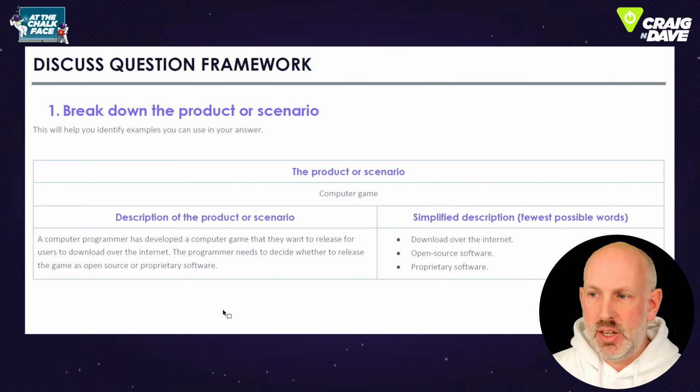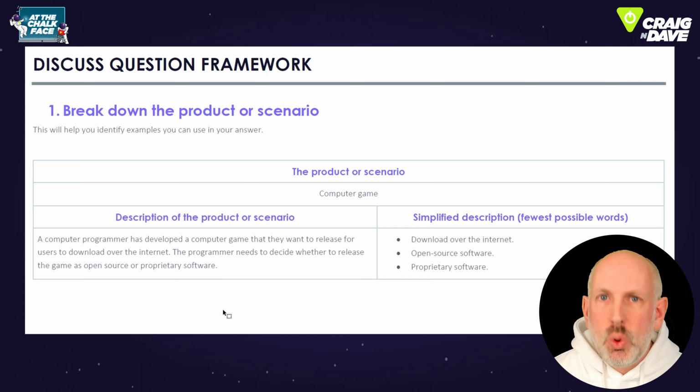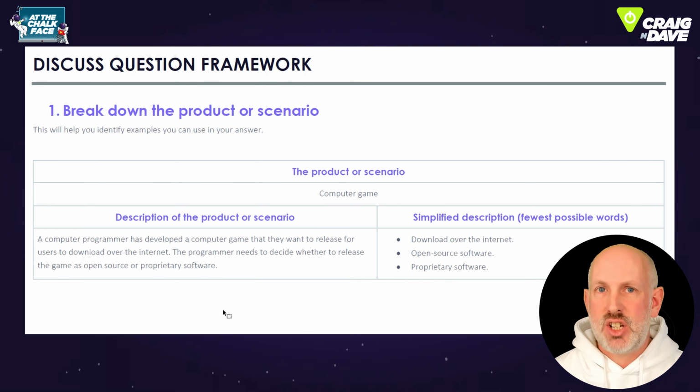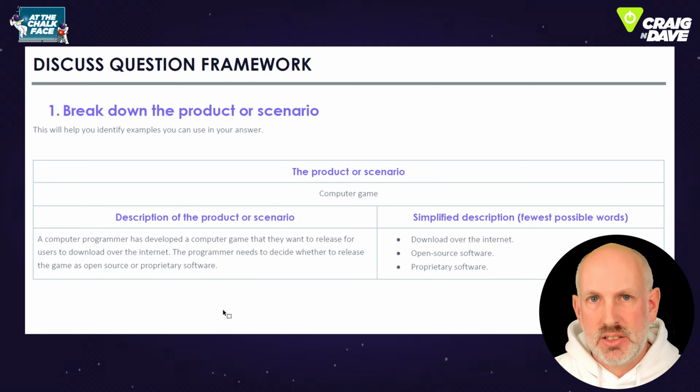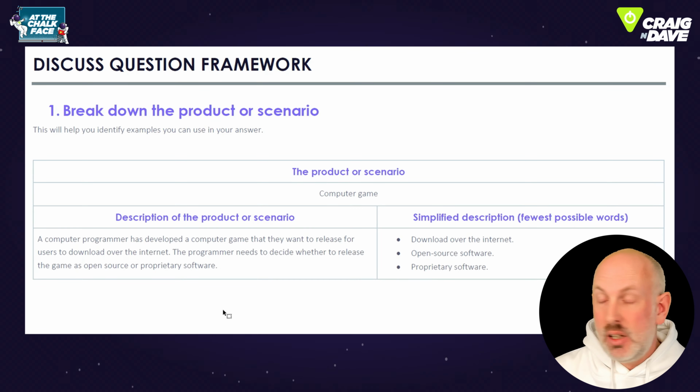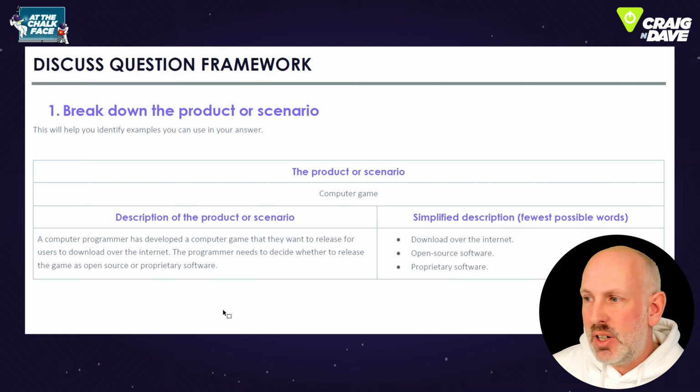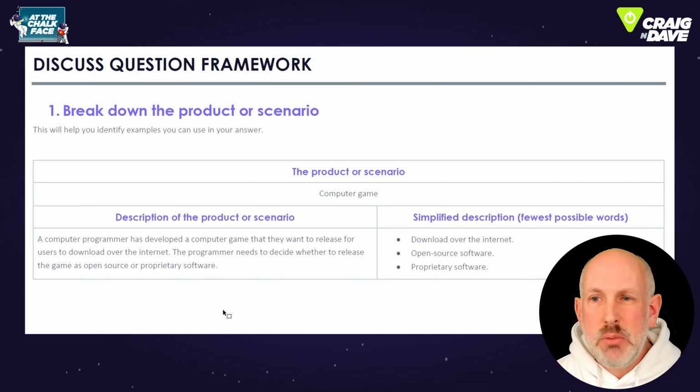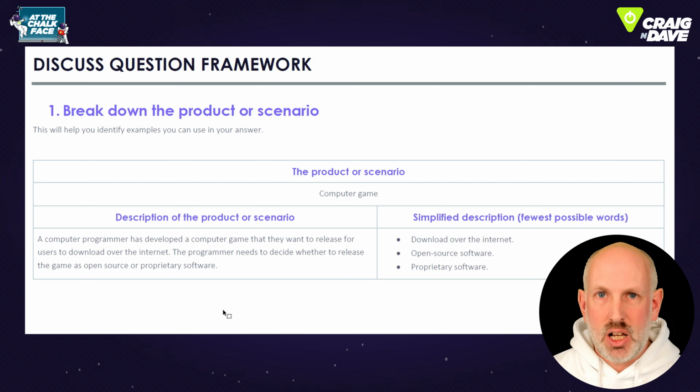Challenge them to take all those words and rewrite it as a set of bullet points using the fewest number of words possible without actually losing any context of the question. They could use AI to help them with that. It's not a problem. But this is about getting to a simplified description so you don't have to keep rereading that scenario all the time when you are attempting to answer the question.